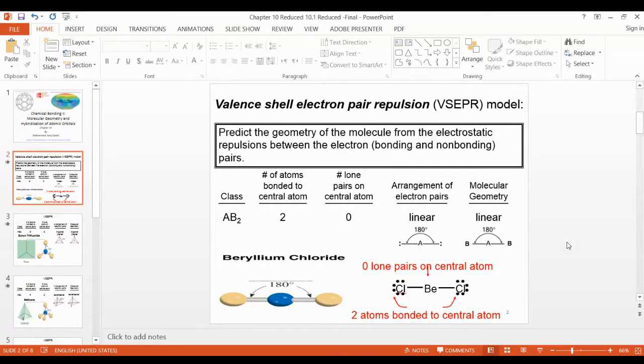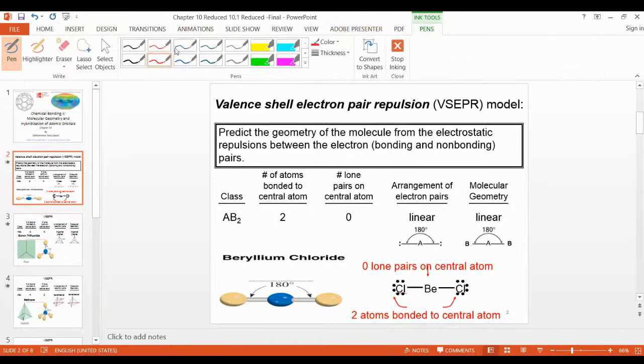So we have to study the geometry of the molecule based on the valence shell electrons. We have to arrange the valence shell electrons in such a way that the distance will be very high.